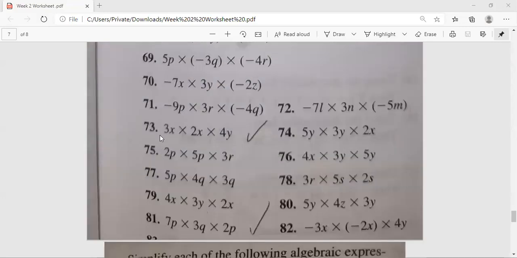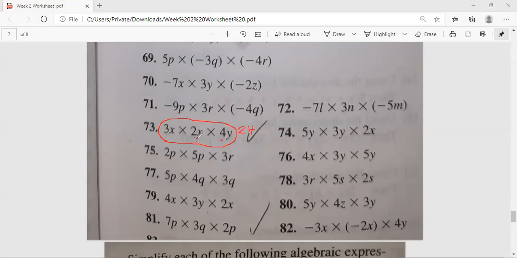What about 73? Let me see if you are thinking. Multiply, sorry. So we said 3 times 2 gives us 6, times 4 gives us 24, right? 24 x squared y, exactly.